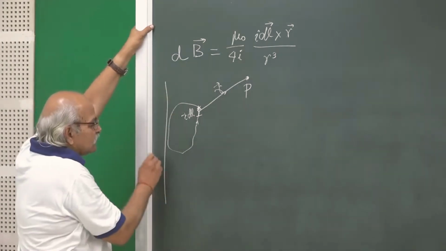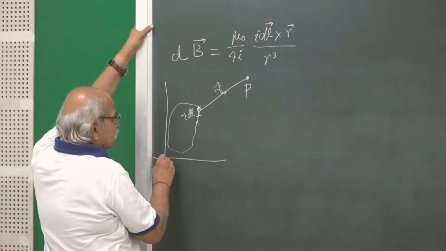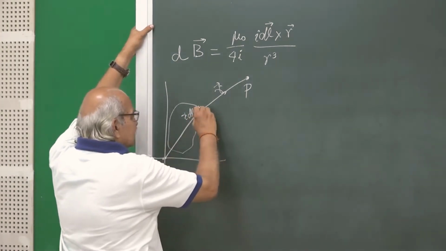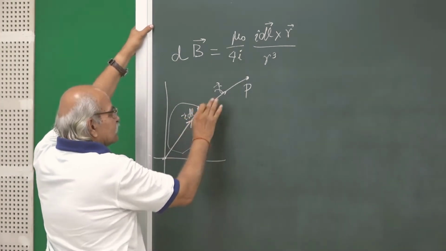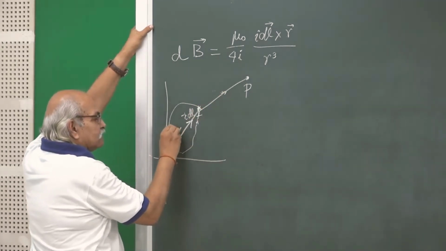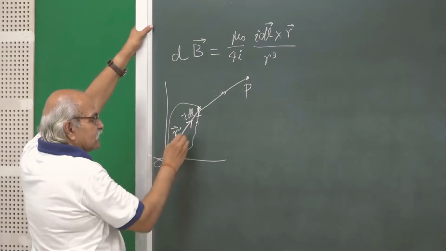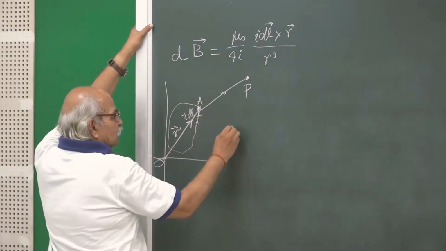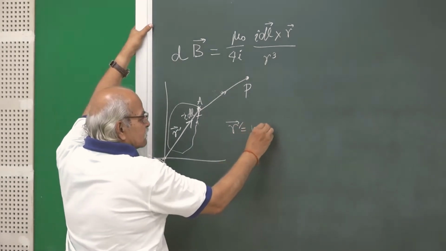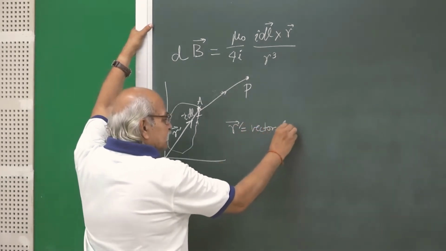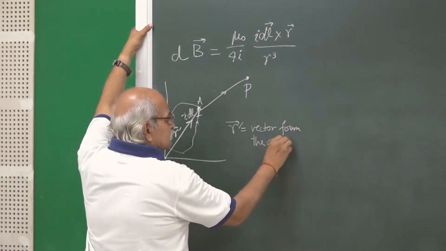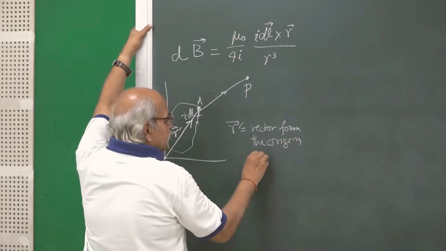We take some origin somewhere, and then since we have to vary this, we write the position vector of this point, generally called r prime, O here and A here. So, r prime we write for the vector from the origin, which is fixed, to the current element.